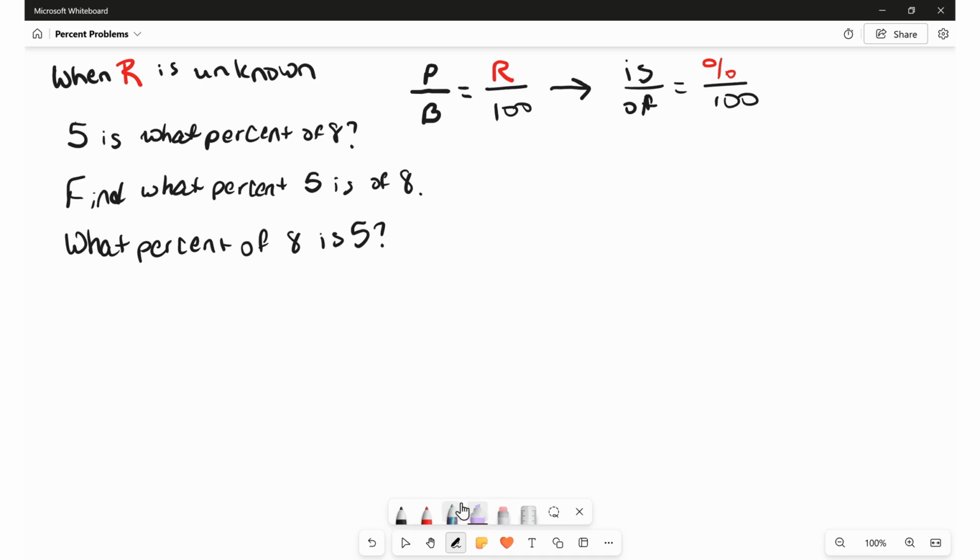So again, we're going to consider this. R is our unknown. R is the number portion of the percent. Okay? So we have the what percent. Those are kind of the keywords that are cluing us in that we are looking for percent.